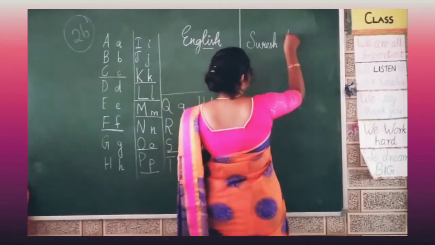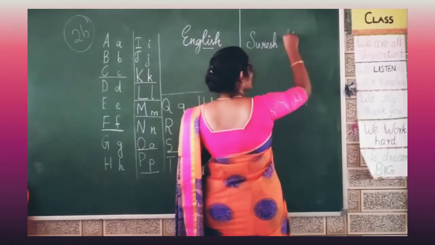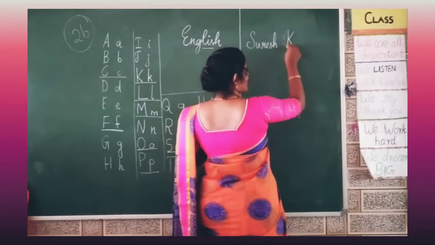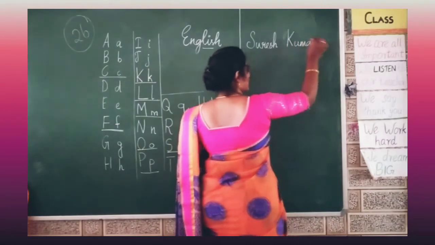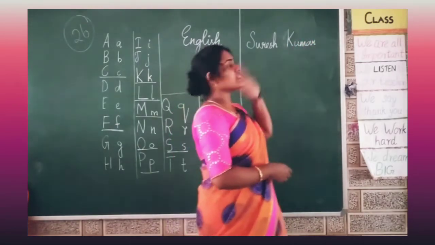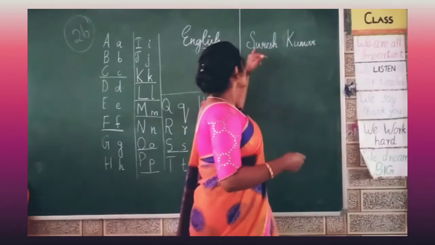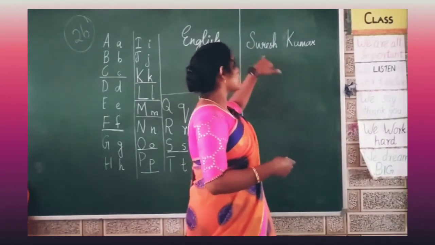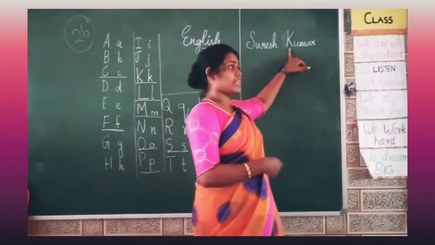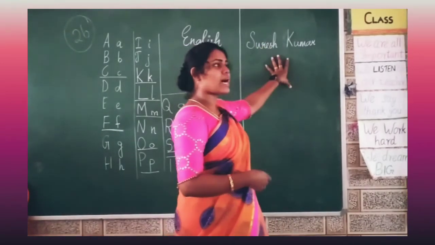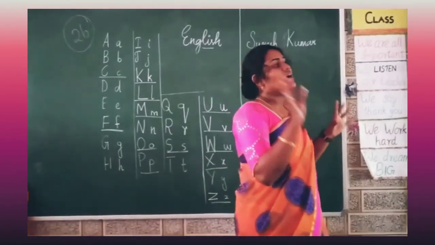Even if his name goes like Suresh Kumar, see, the second word of his name I started with capital letter, Kumar, K-U-M-A-R. Maybe this is his surname, we don't know. Suresh started with the capital letter, Kumar, K started with capital letter, even though this comes inside the sentence.